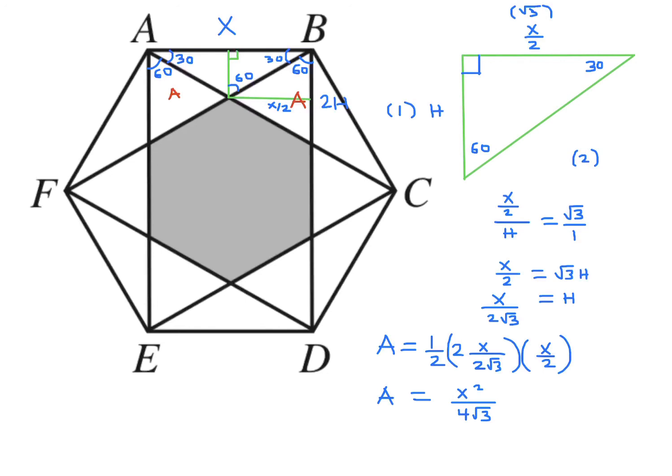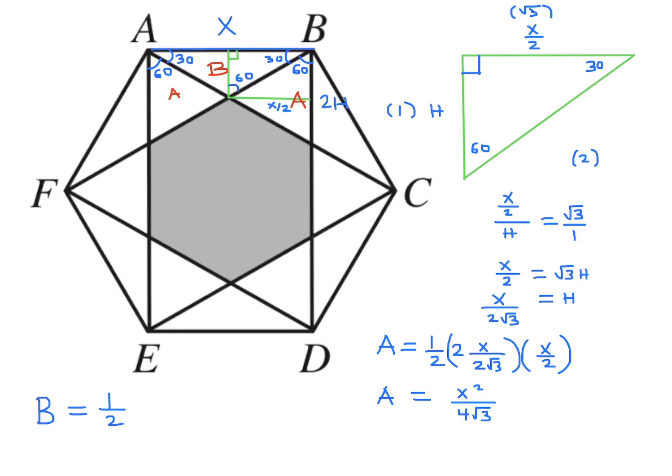Now let's figure out the area of B. What was B, if you remember? B we had denoted as this guy right here. That was B. So I'll write that in there like this, B. Okay, the area of that is very similar in terms of a triangle formula, 1/2 base times height.